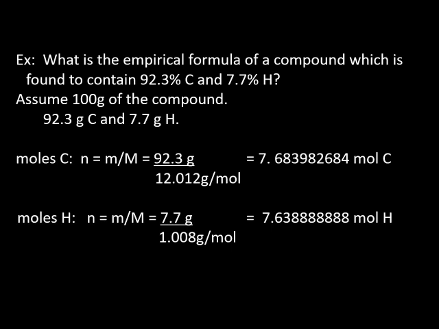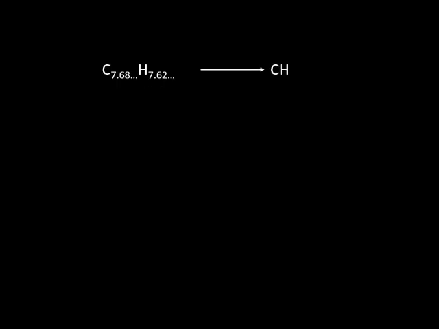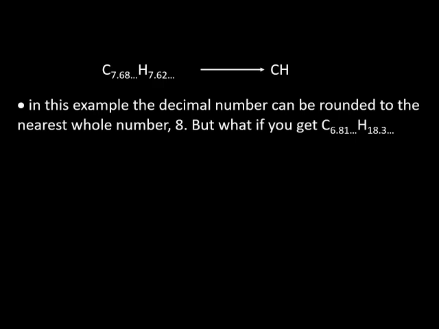That's fairly straightforward. And that's the reason you don't want to round too early: if you round, you introduce errors, and then sometimes you can't justify the ratios that you might get. So this one will give us an empirical formula of CH.